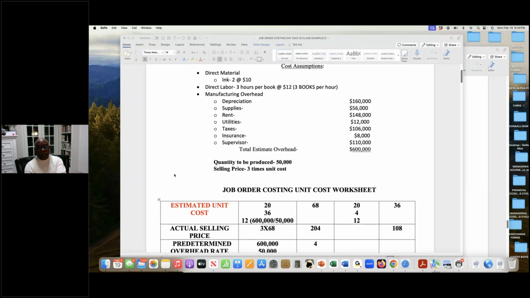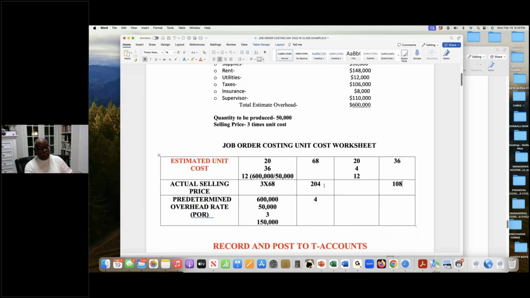So you have to spend your time looking at these numbers and make sure they're right, so that if your selling price is supposed to be 204, that's what you do, or if it's 108. If you mess it up and your selling price is too high, people are not going to buy it. If your selling price is too low, you're going to lose money.